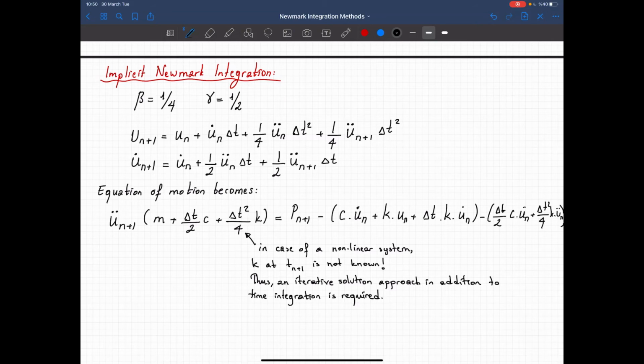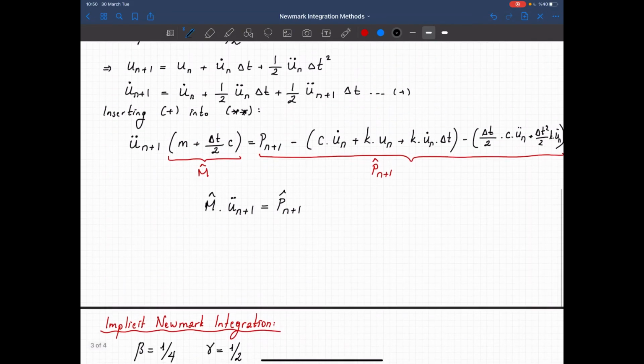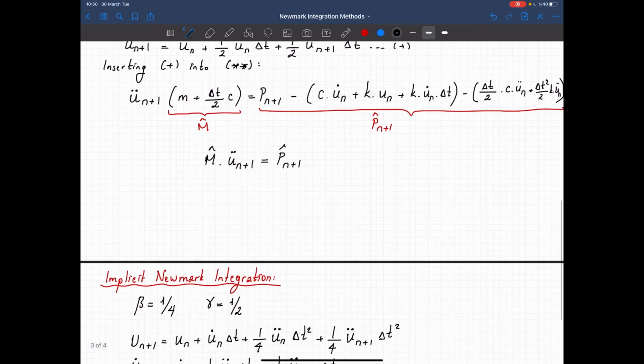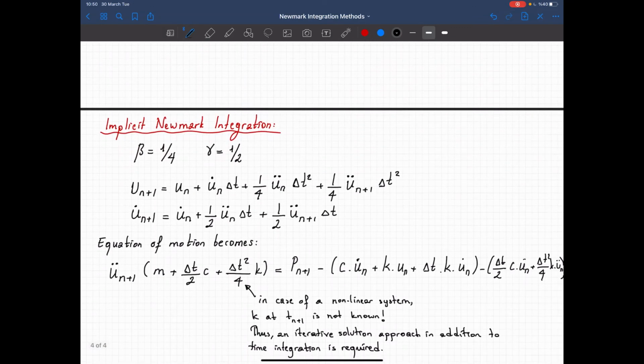So these are the two most used Newmark methods. One of them is the explicit Newmark and the other one is the implicit Newmark.